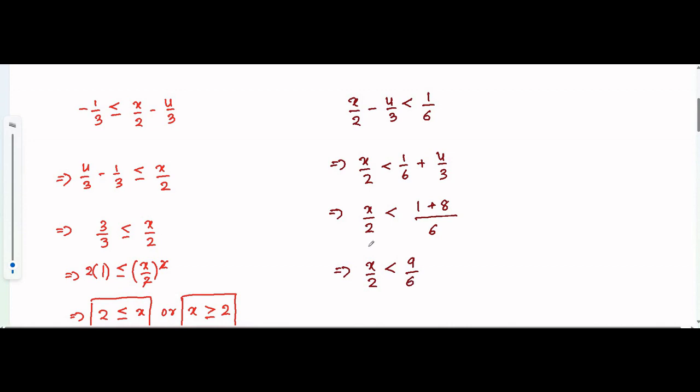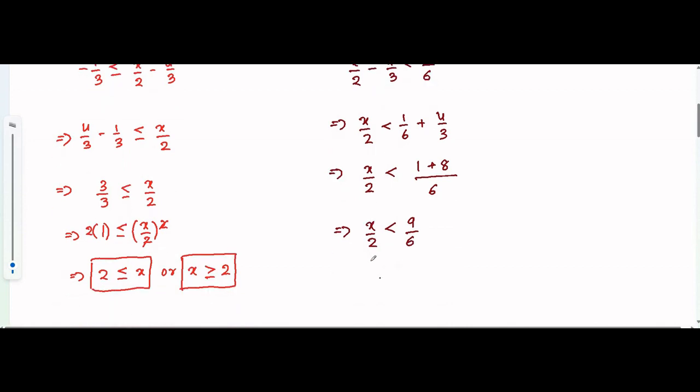Okay, so here we multiply both sides by the same positive number. So here it is 2 into x by 2 and it is 9 by 6 into 2. So that implies 6 into 3 is 18, 3 into 3 is 9, okay, and this 2 and 2 get cancelled. That implies x is less than 3. Okay, so this is the second part of the solution.